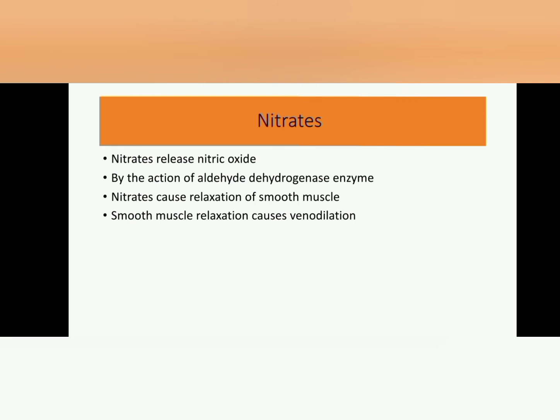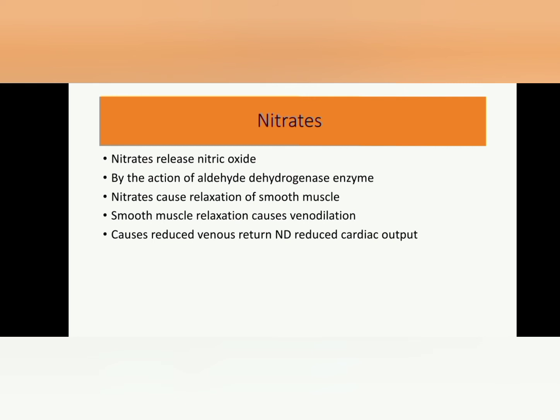So, veins, when they constrict, increase venous return to the heart. But when veins are dilated, blood pools up or dams in the veins. So, when venous return is reduced, ultimately cardiac output will be reduced. It is very simple and very logical.